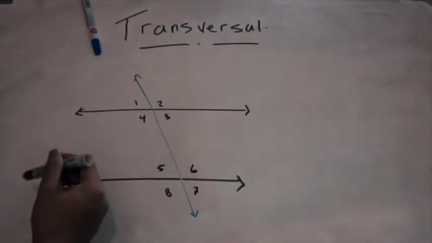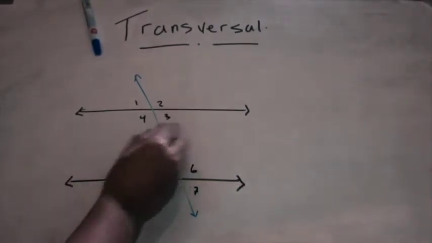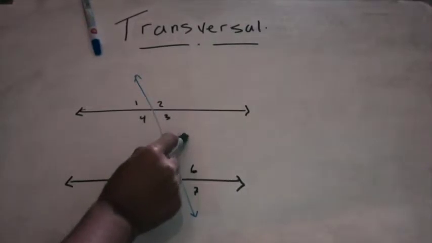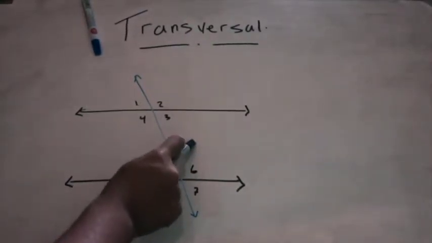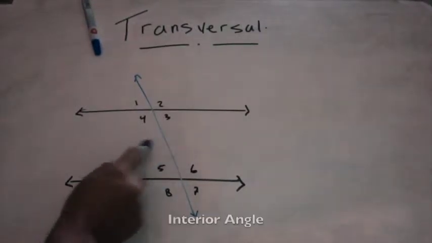First of all, there are the angles that are on the inside, which are 3, 4, 5, 6, and those are called the interior angles.